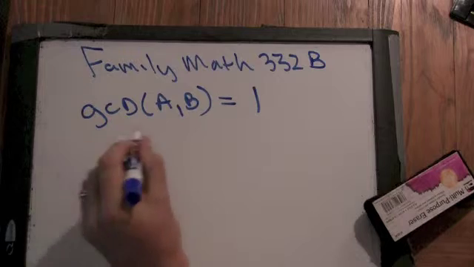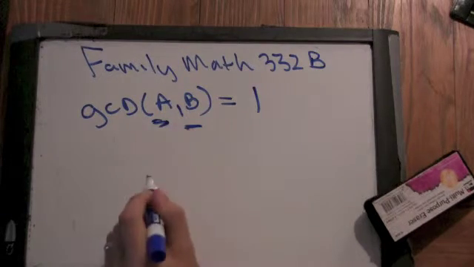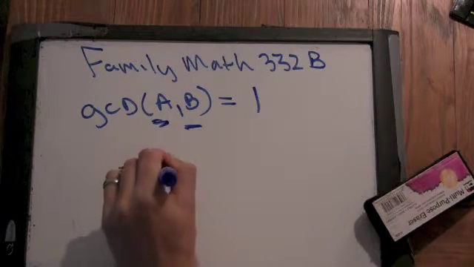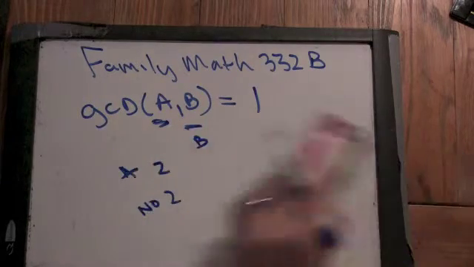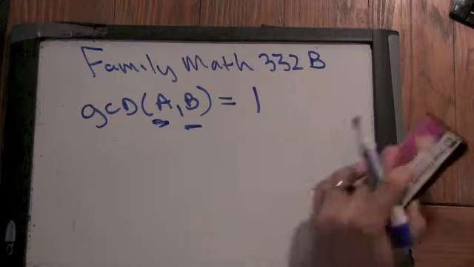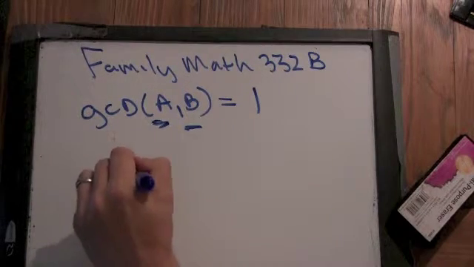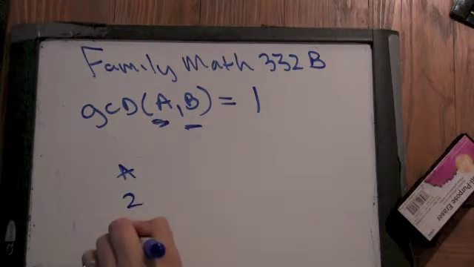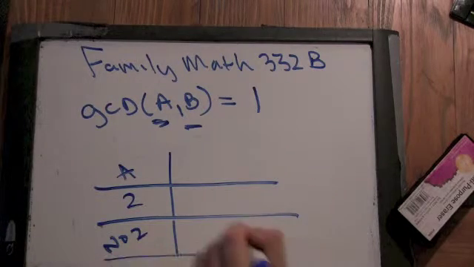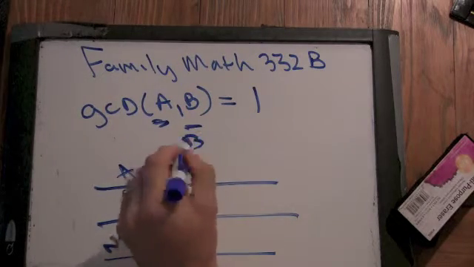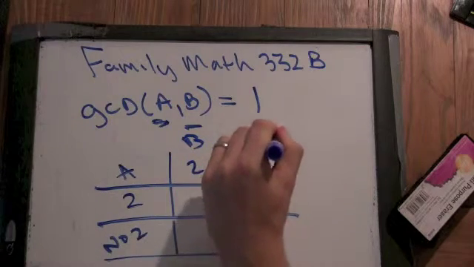So what's the probability that they have a 2 in common? So A has a 2 or no 2. B, let me make that chart a little bit bigger. A has a 2 or has no 2s when you factor it. And then B I'll put up here. So 2, no 2s.